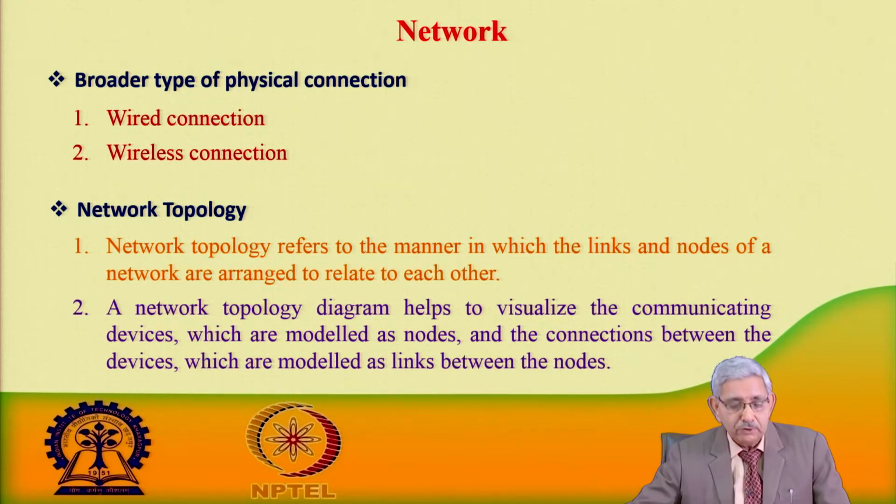So, here network topology is used. What is network topology? Network topology refers to the manner in which links and nodes of a network are arranged to relate to each other, how they are connected and what relationship exists between them.